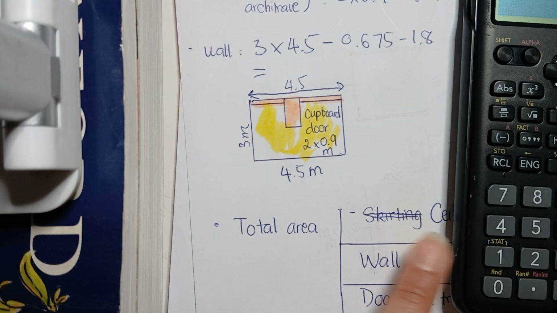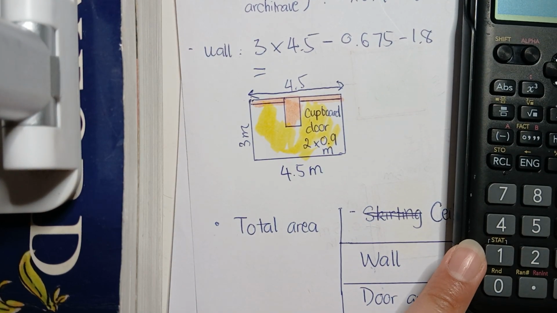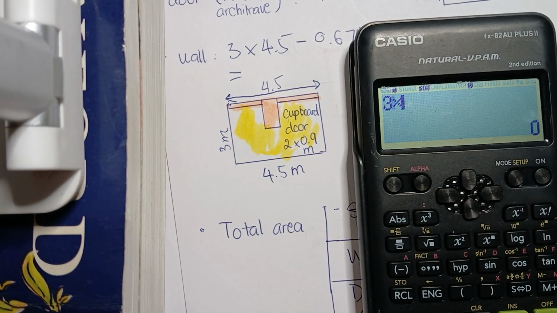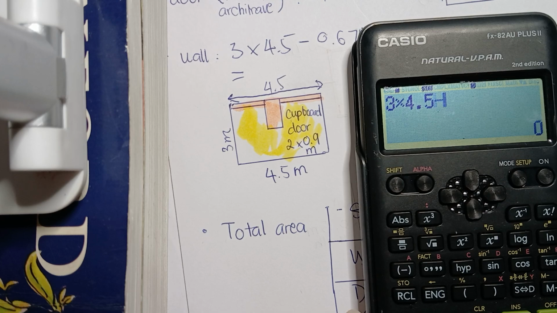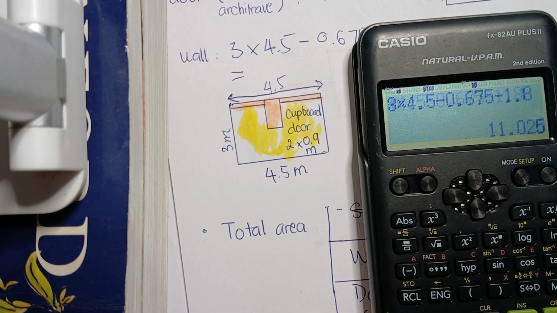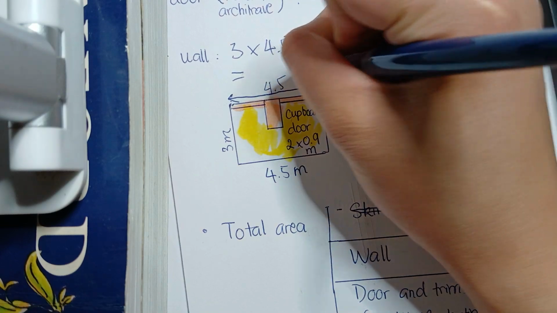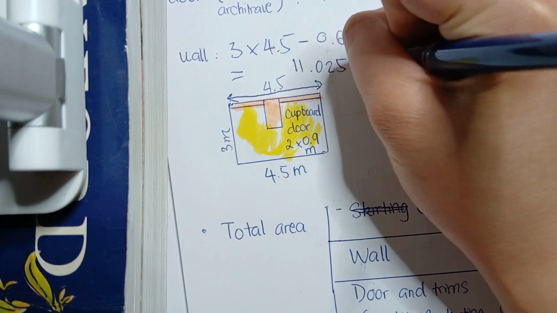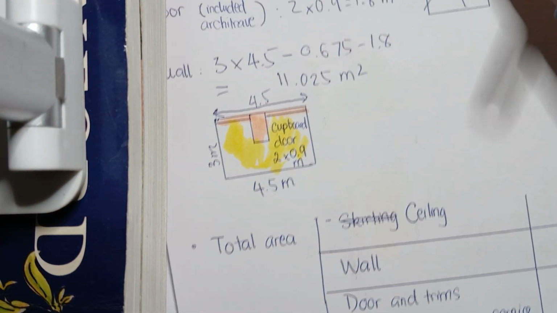Then we're done. 3 times with 4.5, take away 0.675, take away 1.8, 11.025 meters square.